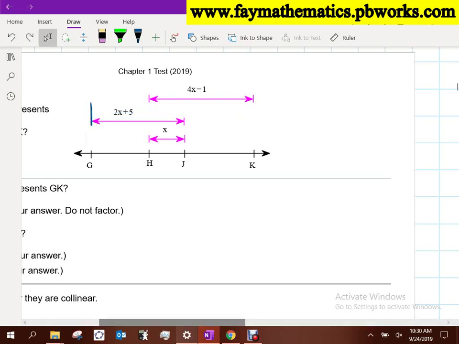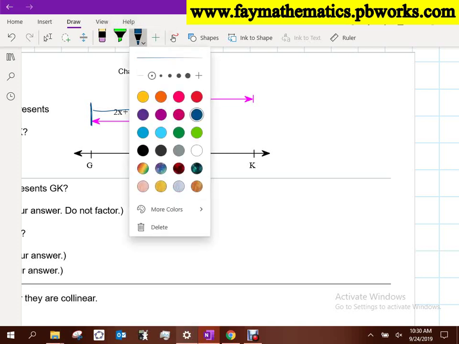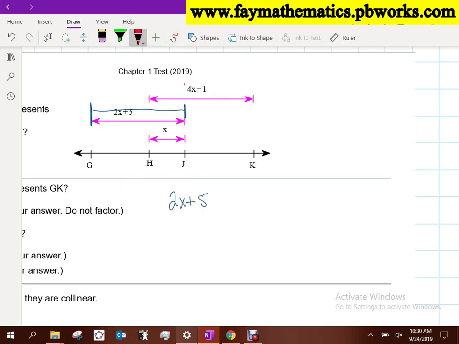First, I'm going to walk to there, so 2x plus 5 has to be part of my expression. But then once I stop and continue walking, the next portion would be just that red stuff. That's going to get me from J to K. Well, that red stuff is smaller than the 4x minus 1. The 4x minus 1 is all this purple stuff.